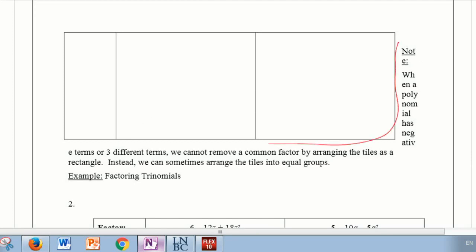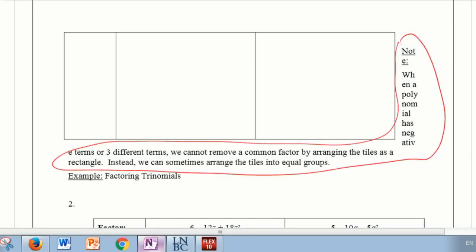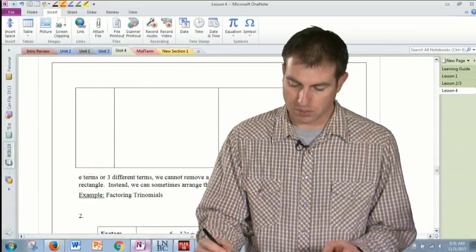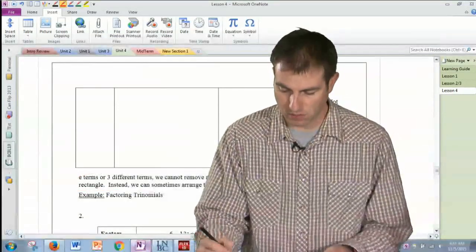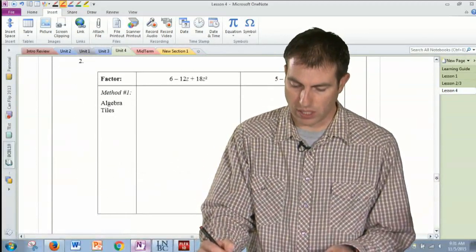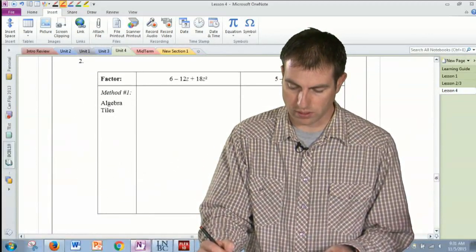And this note is why I dislike using algebra tiles for this particular section, because it doesn't work. That's kind of why it's silly, I think. But anyways, they say you should know how to do it, so good luck.